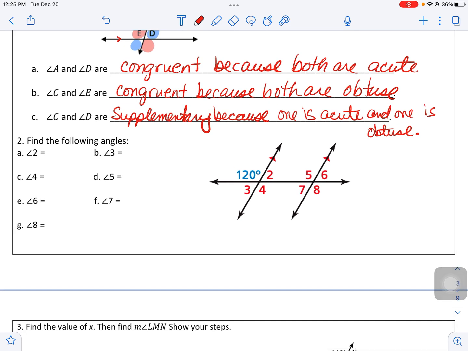All right, so next we're going to find the actual measures of the angles. So what I do know is that this angle is 120 degrees. I also notice that is an obtuse angle. So I'm going to highlight all my angles that are obtuse. All of these angles that are obtuse, they're the same measure as the 120.